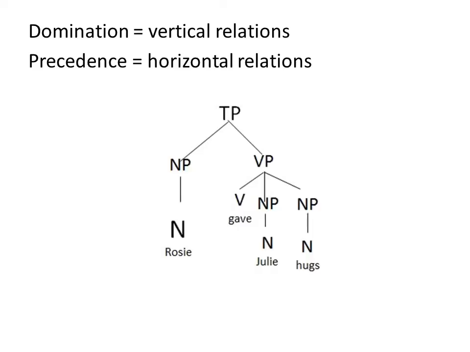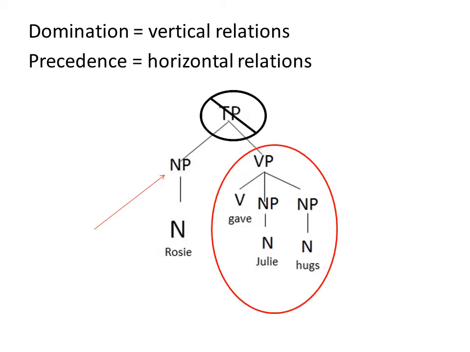In this example tree, you can see that the noun phrase precedes the verb phrase and everything that the VP dominates. However, it does not precede the TP because the TP actually dominates the NP. In other words, there is a vertical relationship between the TP and the NP, and therefore there cannot be a horizontal relationship.